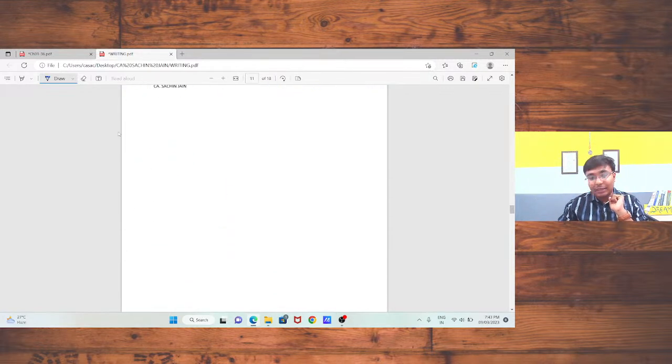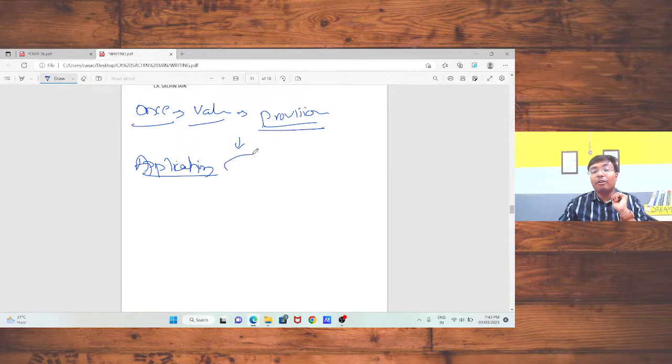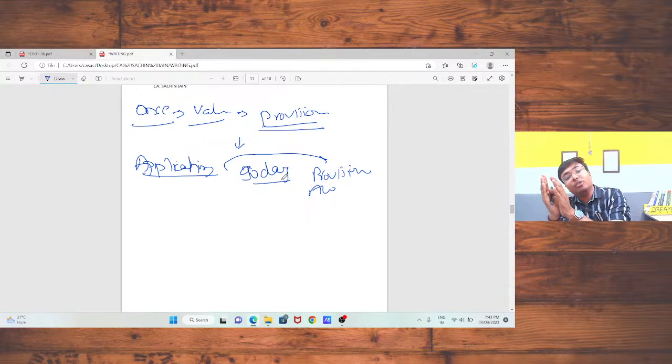I am asking the departmental authority to decide the value on a provisional basis, and after that you may do the final assessment. From the date of my application, the proper officer will pass the provisional assessment order within 90 days.